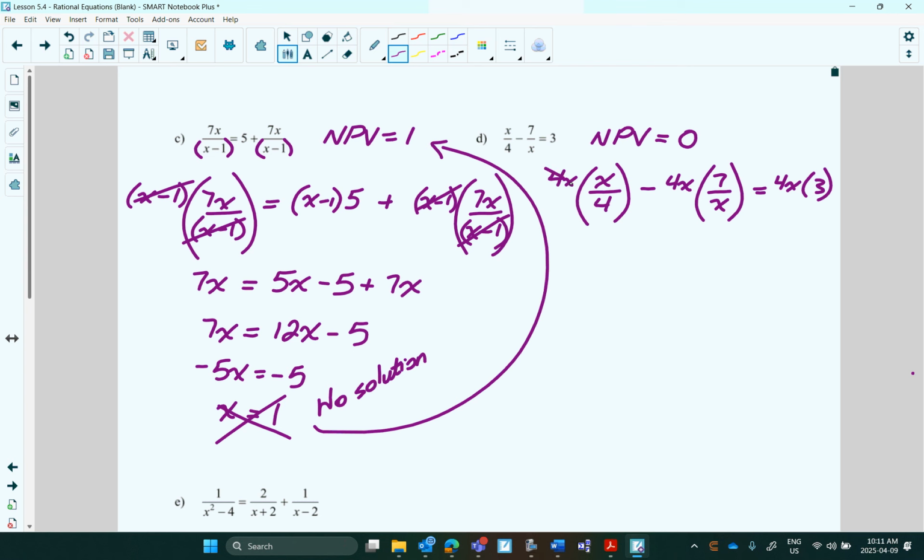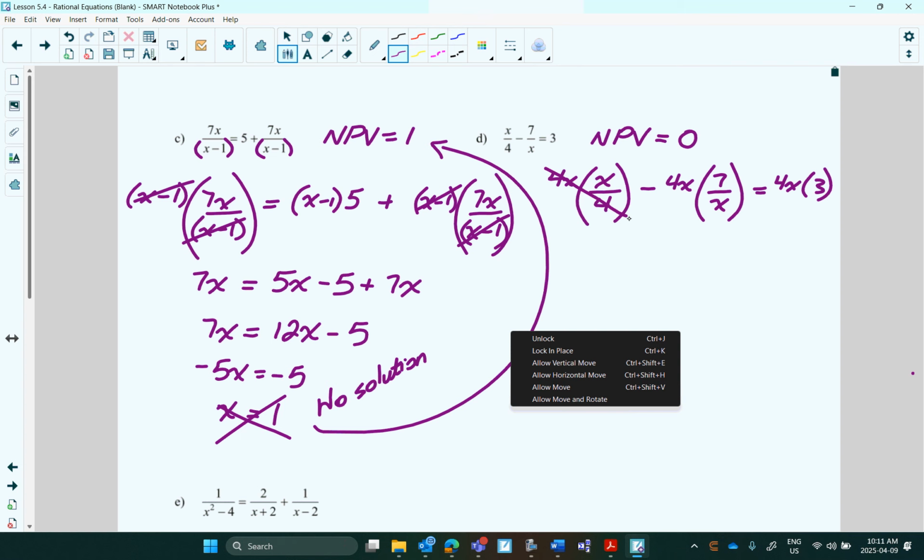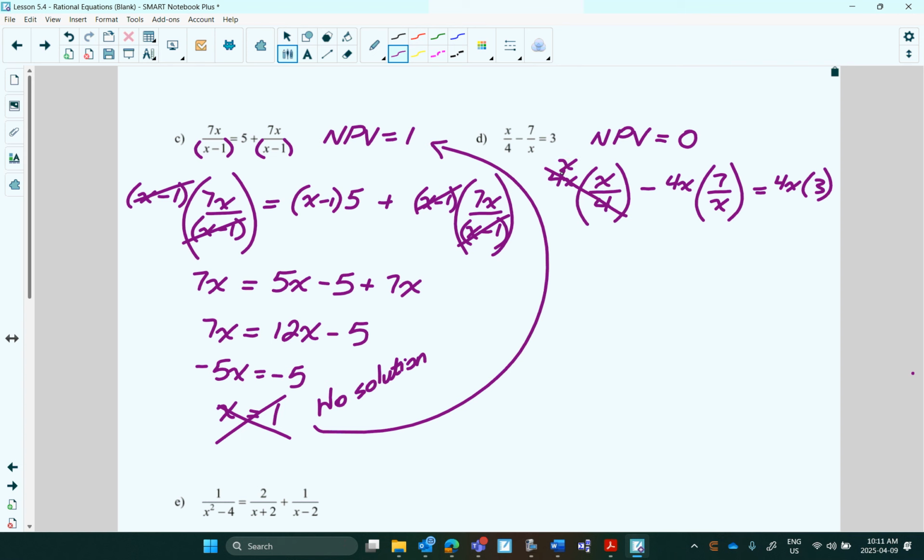Four x divided 4. X times x. Four x divided x. 4. And then times 7 equals 12x.